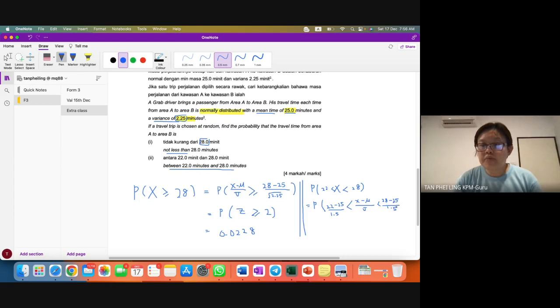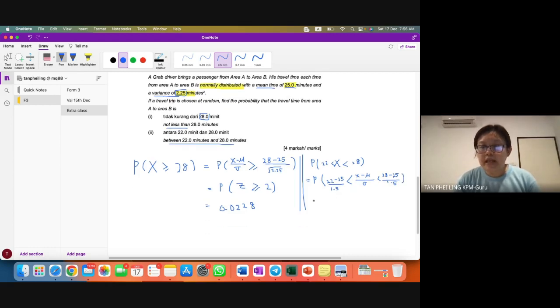Please do it this way because it's more systematic. Then you will have here the middle changed to Z score happily. Then the first one you will get -2. And here will be 2, same as just now.